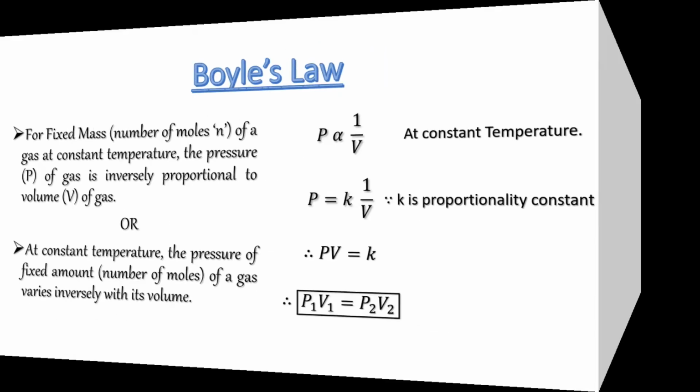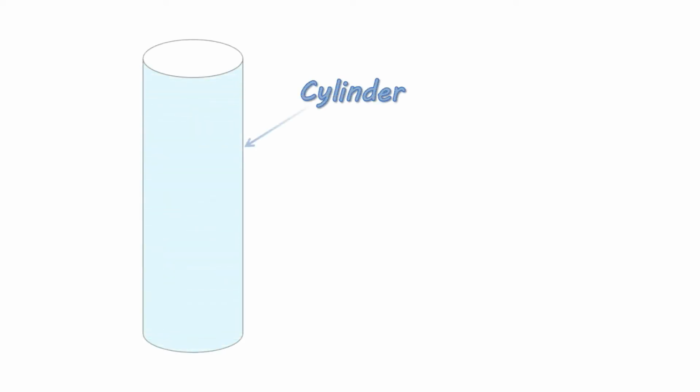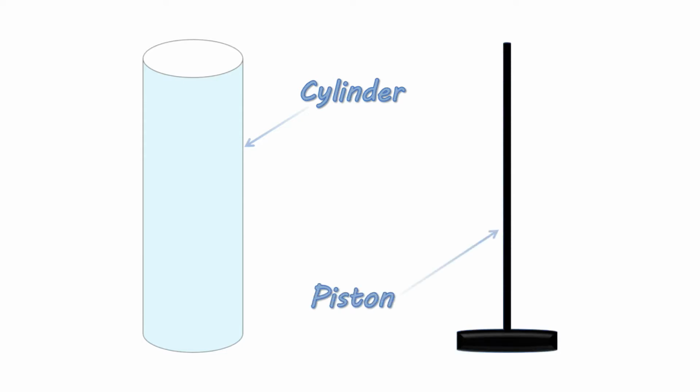Let's see an animation. In the coming animation, this cylindrical object will be the cylinder of a system in which we will contain the gas, and the T-shaped piston will be used to compress or expand the gas inside the system. Now let's see.